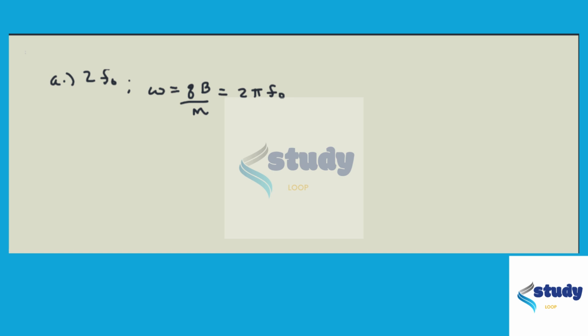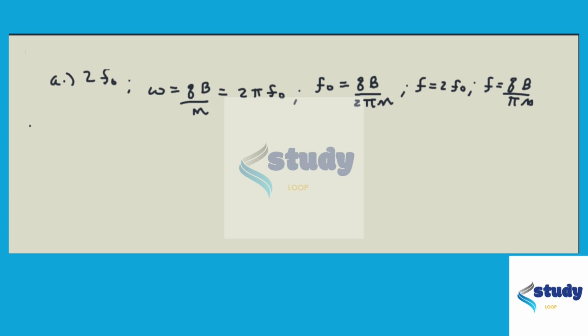Let's solve this for f naught. f naught is equal to qb over 2 pi m. And let's call f equal to 2f naught, meaning f is equal to qb over pi m.